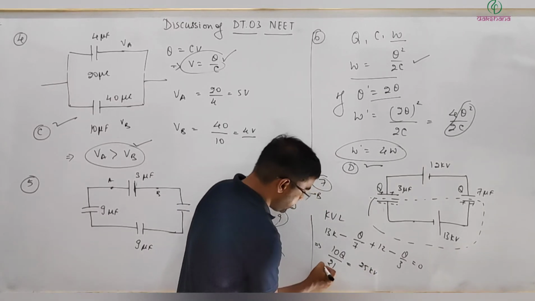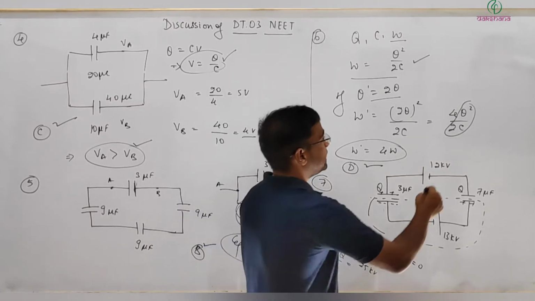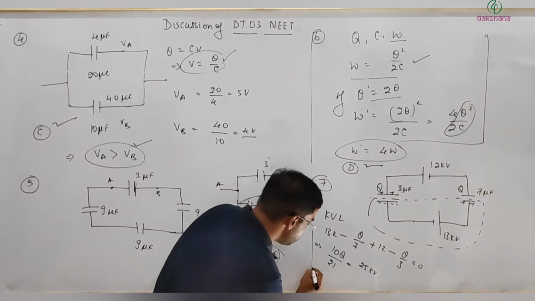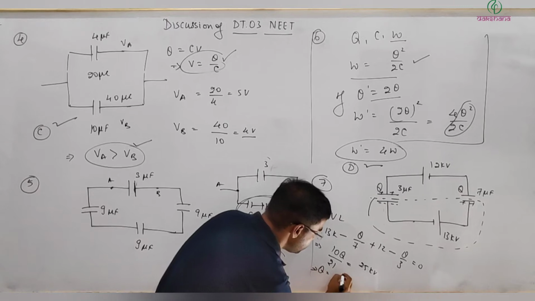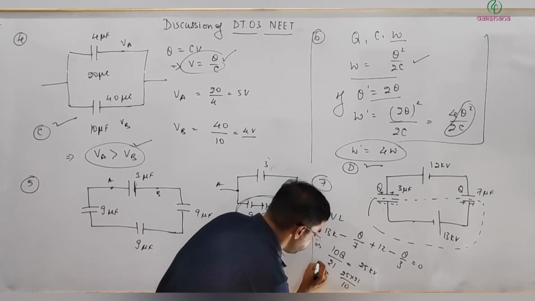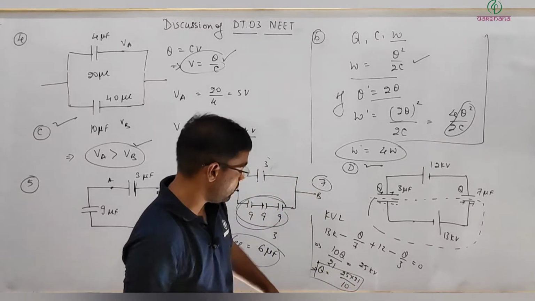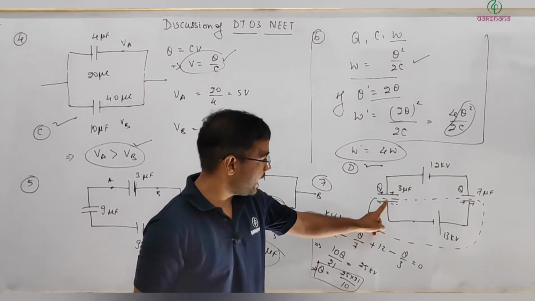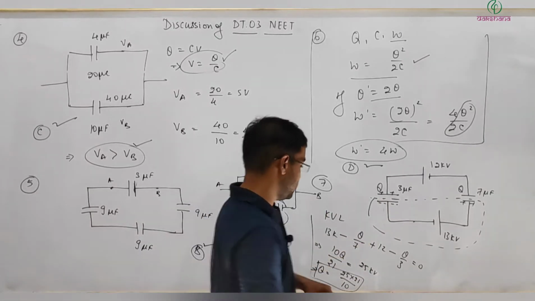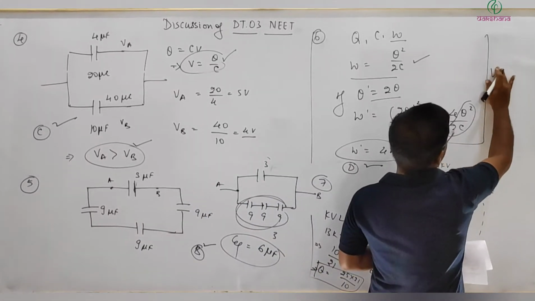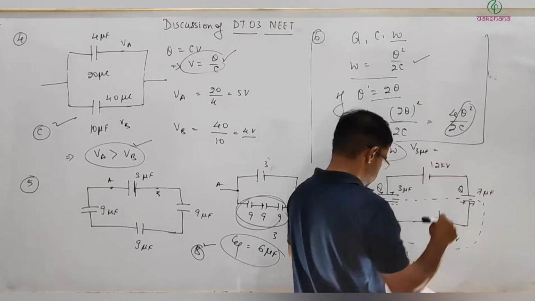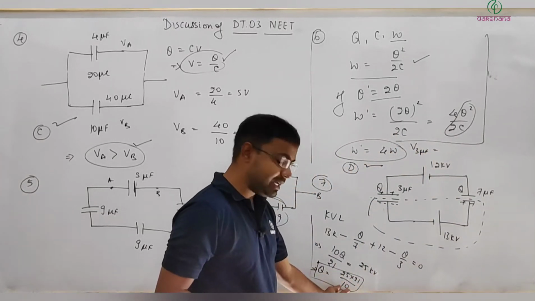Solving this, we get Q equal to 25 into 21 divided by 10. Now I need the potential across the 3 microfarad capacitor, so V across 3 microfarad will be this whole divided by 7.